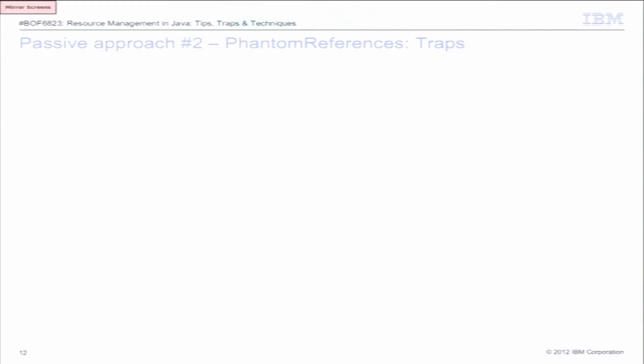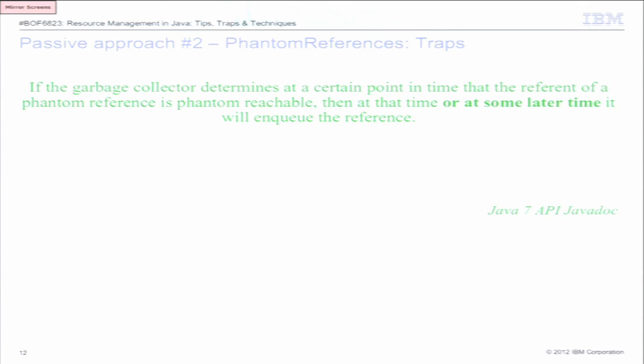So there are some traps associated with using phantom references too. Again, from the Javadoc, it says if the garbage collector determines at a certain point in time that the referent of a phantom reference is phantom reachable, then at that time, or at some later time, that's my emphasis, it will enqueue the reference.